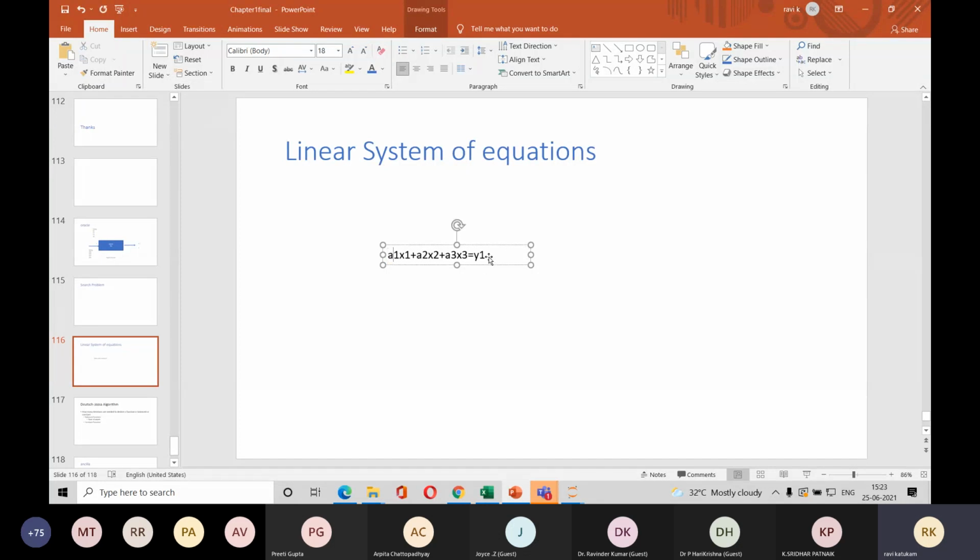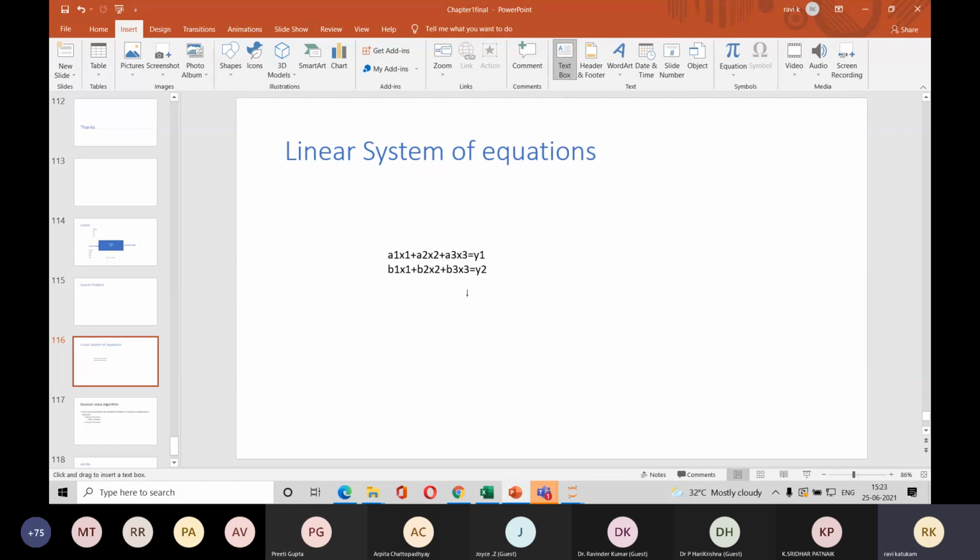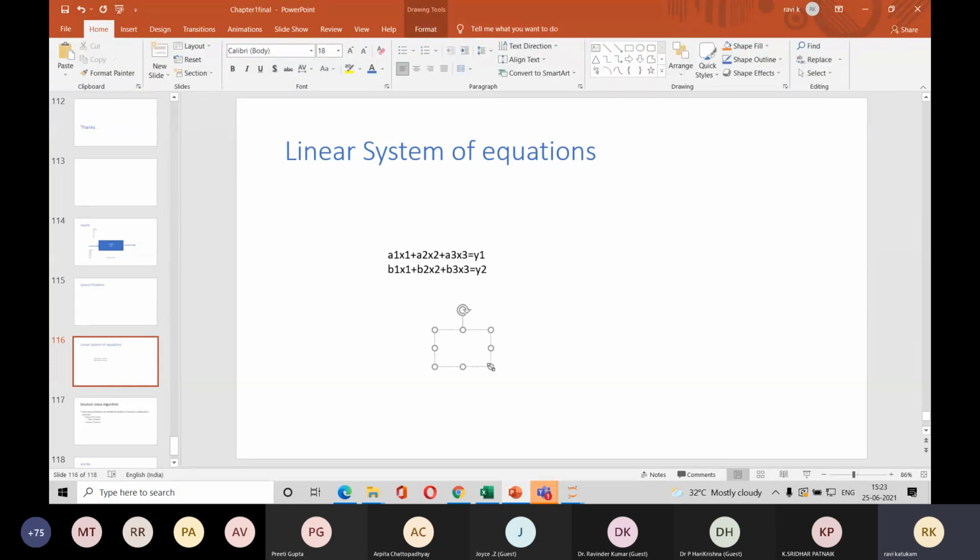You have one more equation, given by b1, b2, b3, and this is y2. Similarly, you can have n such equations, and they can be represented in a simple mathematical way: a matrix A multiplied by a vector X, so A into X is equal to Y.